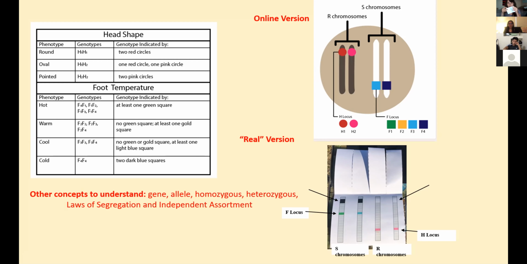You should have 4 flaps cut out, and you're gonna lift one. Both of you, Smriti, you're gonna do this too. You're gonna lift one flap randomly from the left side, which are the R genes, and then one from the right side, which are the S genes. Let me know when you have done that.